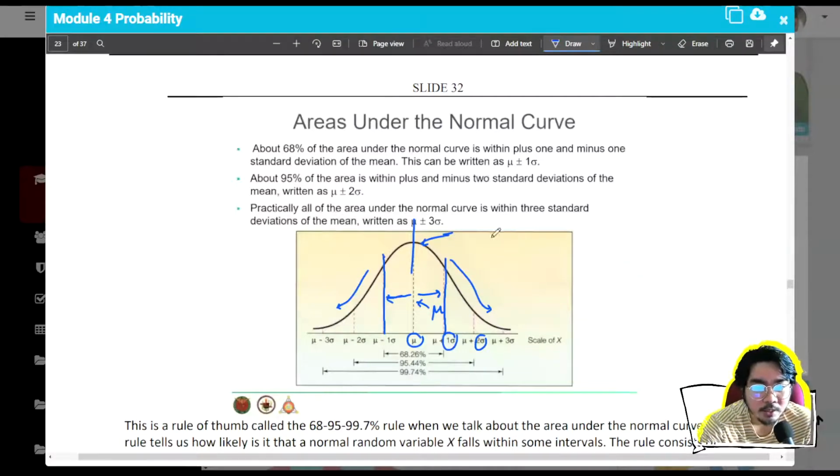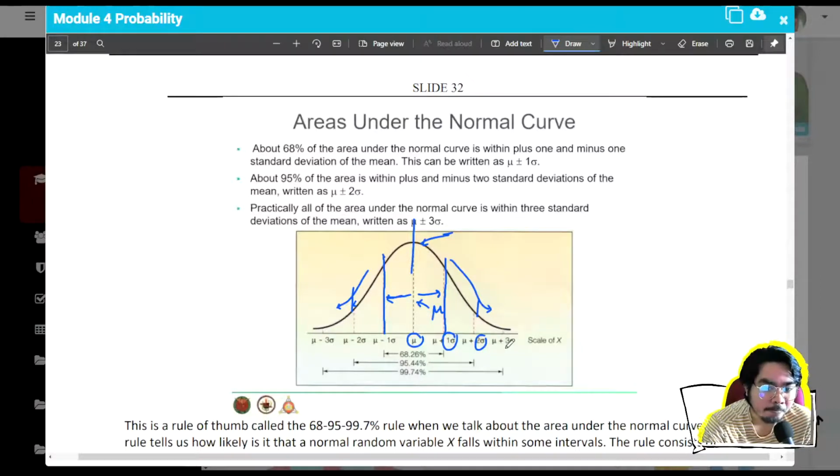Okay? So if your data follows a normal distribution, the probability that a particular data falls in between plus minus one standard deviation is actually 68.26%. Okay? So that accounts for 68% of your entire data set. Now, if you move two standard deviations, then you are accounting for 95.44%.